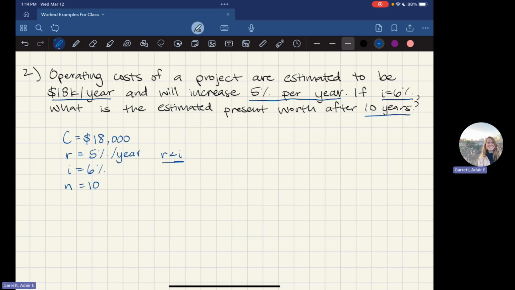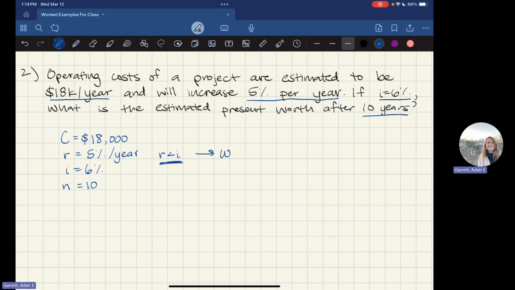So when R and I are different, we know we have to find omega. So for this, omega will be equal to 1 plus I over 1 plus R, minus 1. Let's put that in brackets. Okay? And then we just plug in, we know that I is 0.06 and R is 0.05.